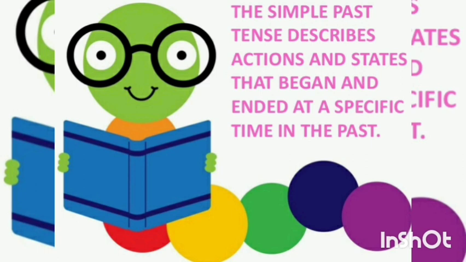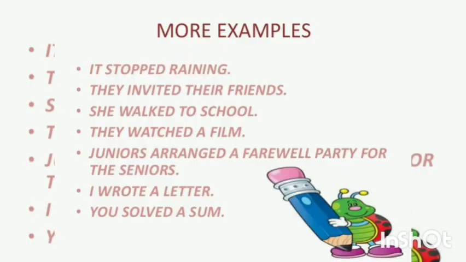So as per this definition, the simple past tense is that tense that describes the actions or events or states or happenings that began, meaning started, and also ended at a specific time in the past. Okay, students, I hope I have made it clear. So in order to understand the definition in a clearer way, we need to learn some more examples.